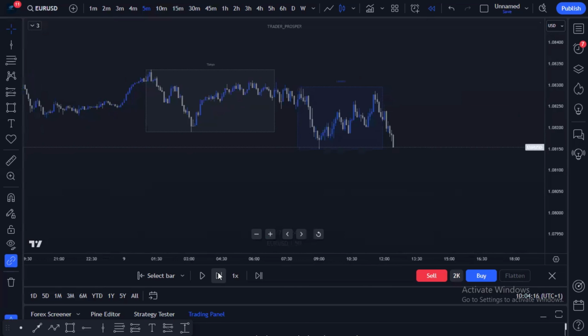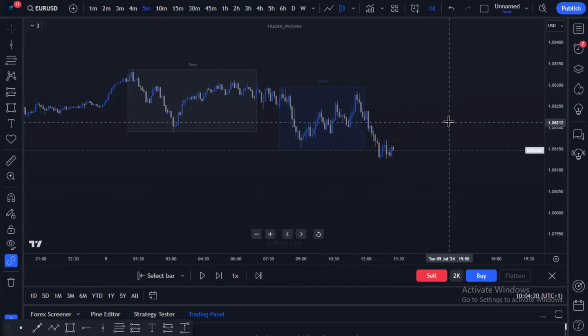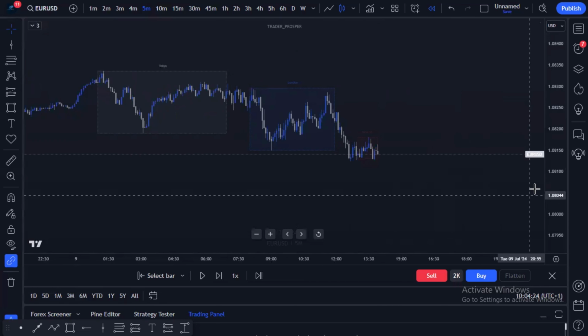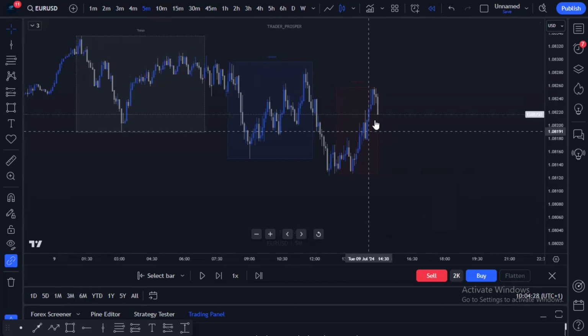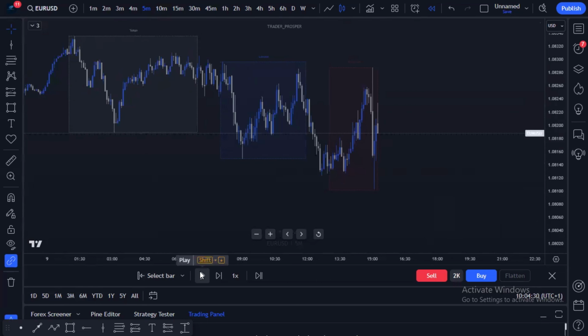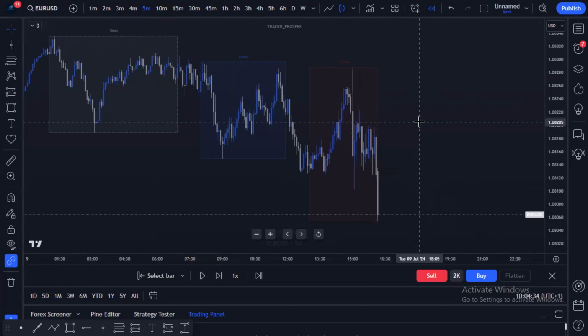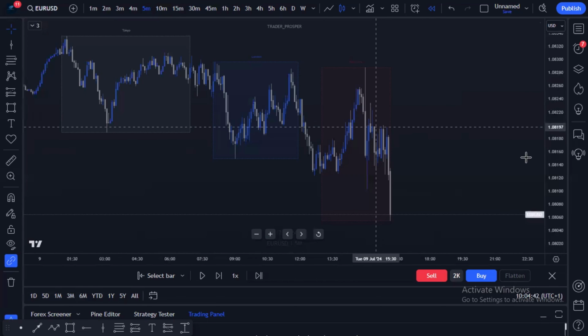There was no confirmation for that market. Take a look here. This is the beginning of the New York section, and this is just too fast. I can't stop that move that was happening at this time.